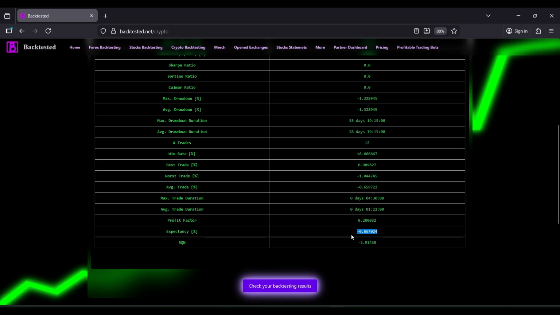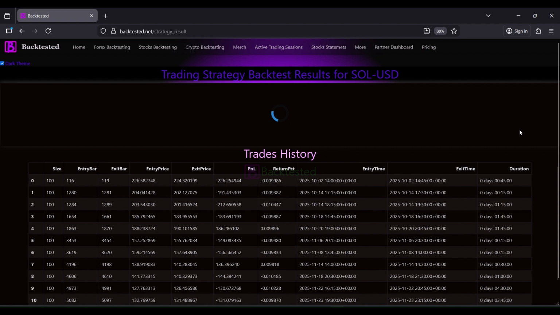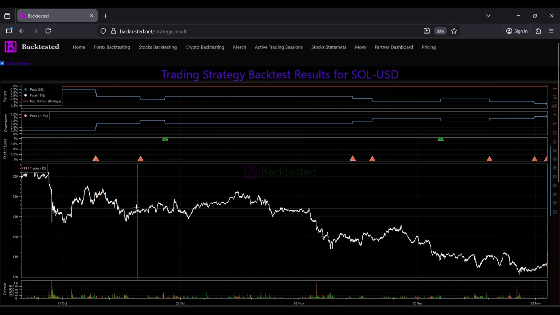Let's take a look at the chart. So this is the trade history table. Now the chart is loading. Okay, let's zoom in and see.